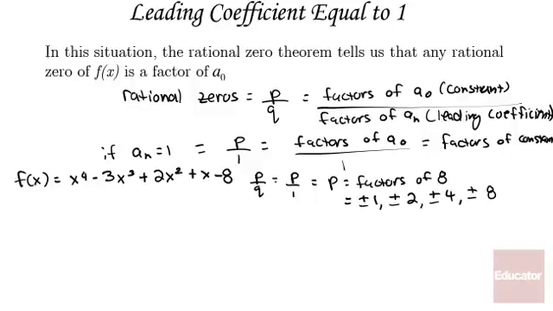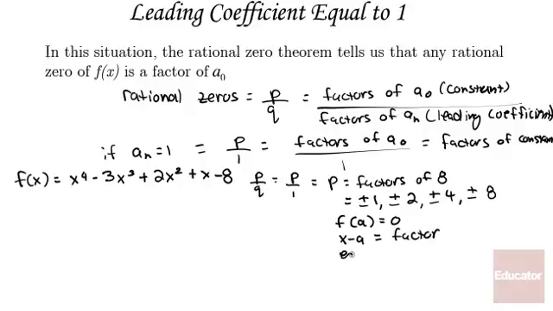Now, I mentioned that these are just possibilities, so I need to check these. And if you'll recall, we can check to see if something is a factor by using synthetic division. We also talked about how if a number is a 0, then if you take the value of the function, if f of a equals 0, then x minus a is a factor.